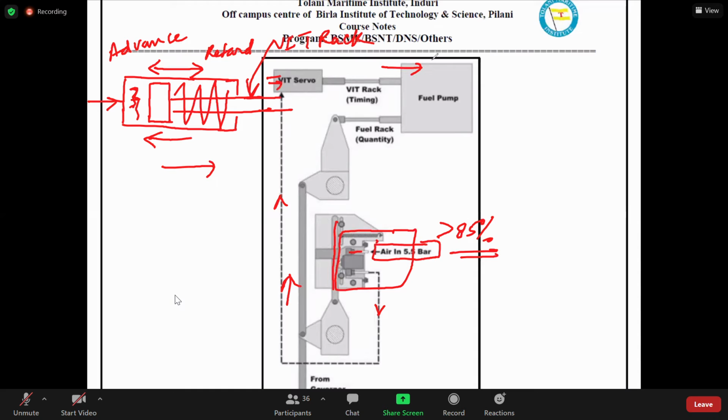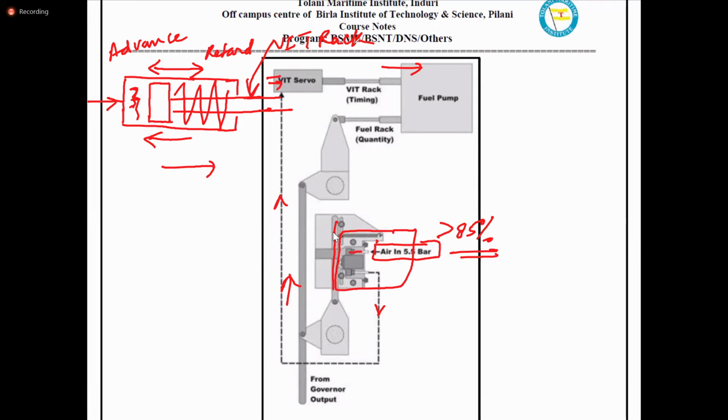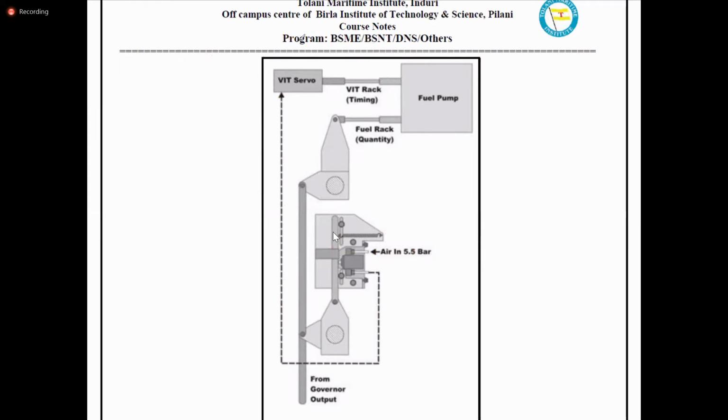Sir, up to 85% of load, the air input will be near about 5.5 bar. And if it exceeds 85% of load, then the air pressure will increase from 5.5 bar further. No, the air pressure shown here is the inlet air pressure. That means this is what is supplied to this regulating valve from the control air system.